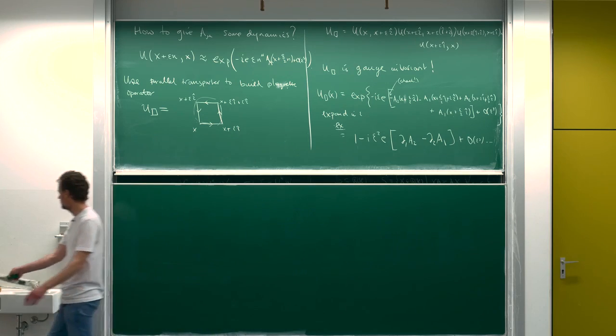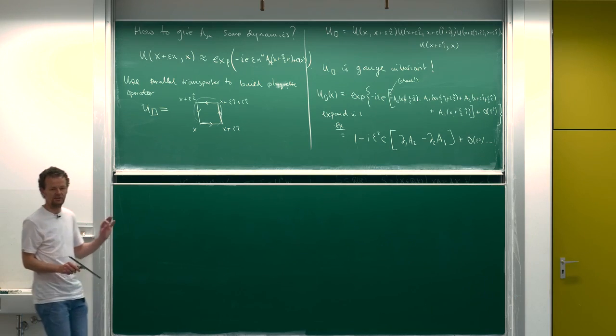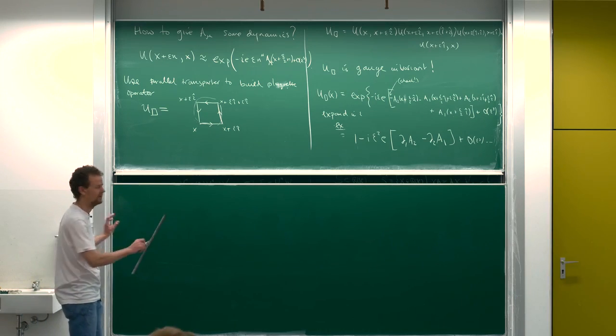But what have we learned? We've learned that we have something that's gauge invariant and has derivatives of A's in it.